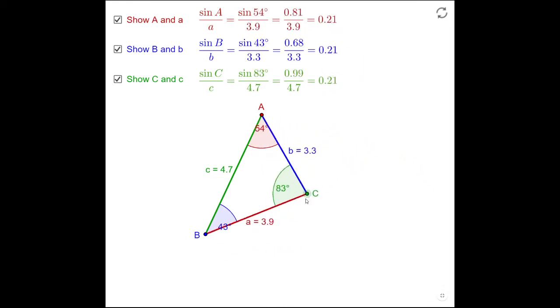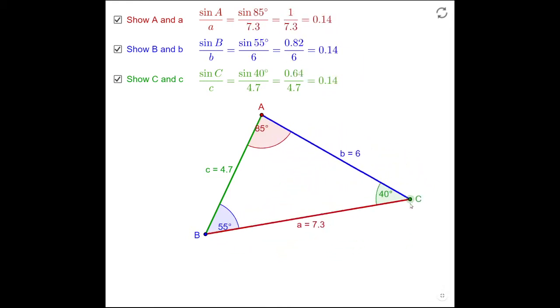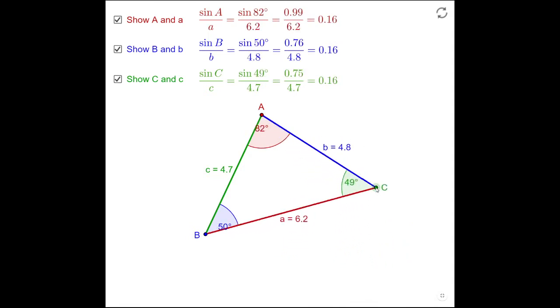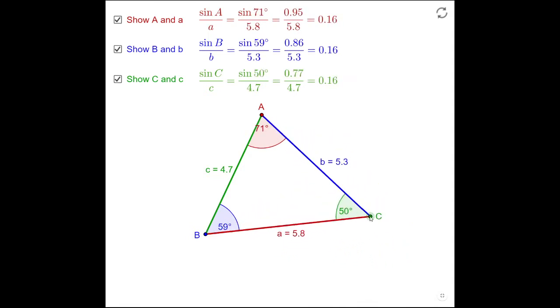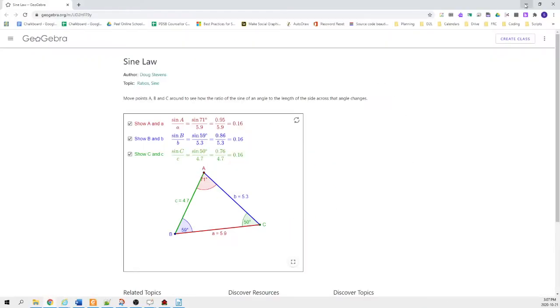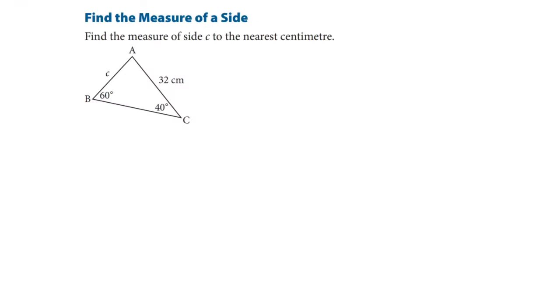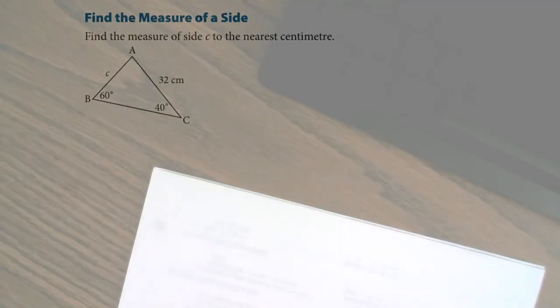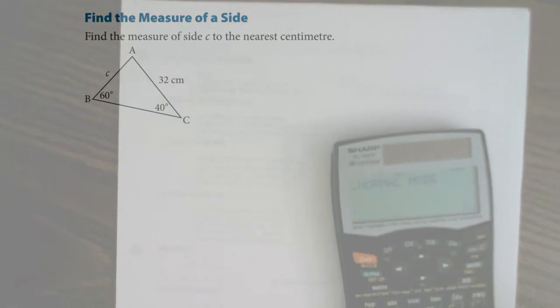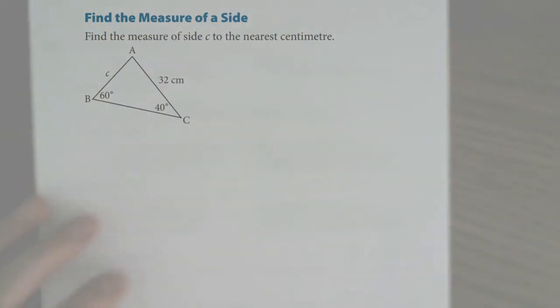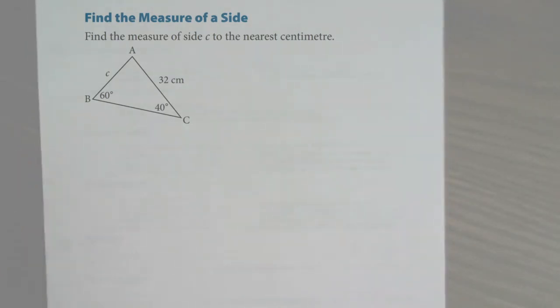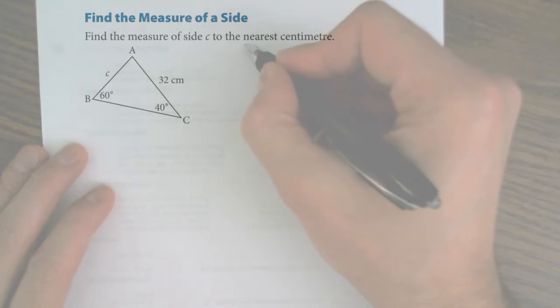Now, this is an interesting property that we can use to solve triangles. Let's see how that works. So here we've got another triangle called ABC.